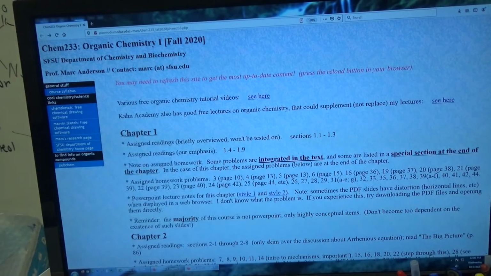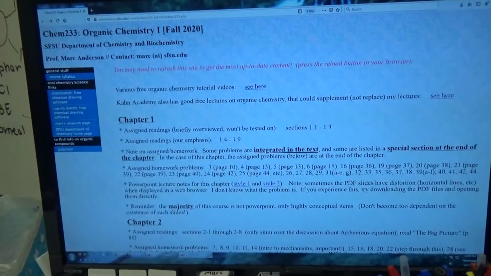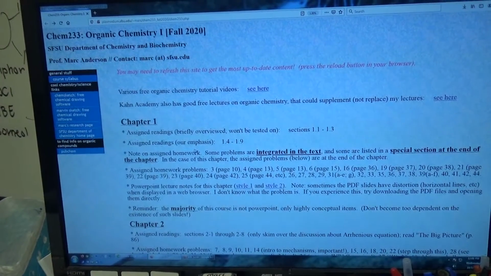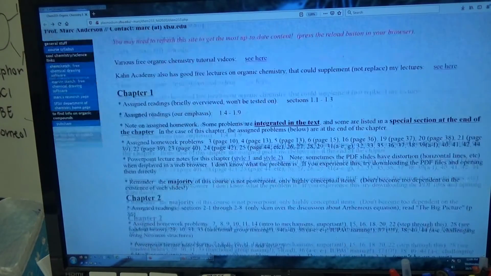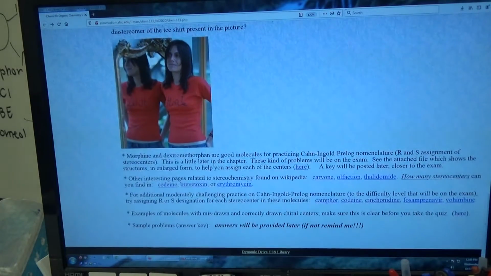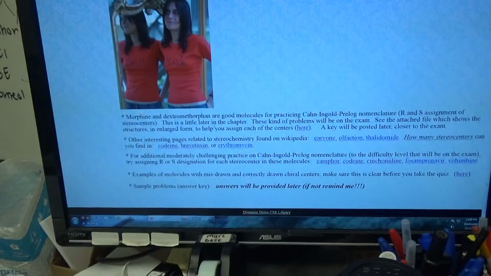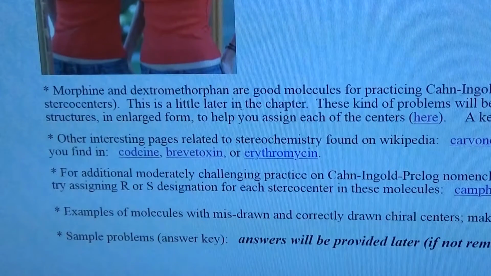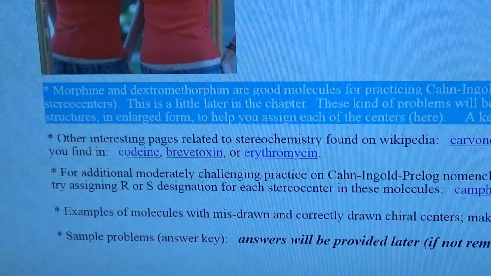Okay, so I'm showing the website real quick. This is the public website with all the homework and reading assignments and stuff. Go down to chapter 5. There's a section of good practice problems on morphine and dextromethorphan, and these are good practice for the quiz, determining R and S for slightly more complicated molecules.